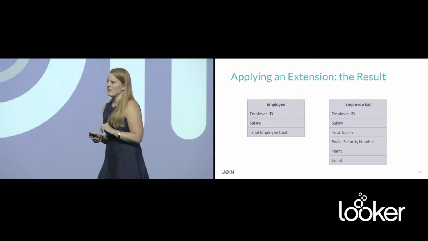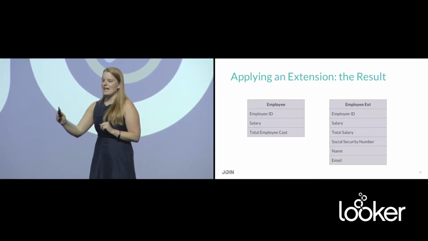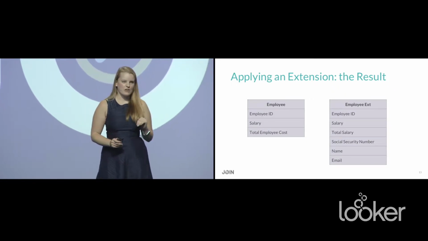Nothing personally identifiable there. And then our second view, that extended view, has those same fields. Our total salary was relabeled from employee cost to total salary. And then those personally identifiable fields were incorporated into that. And we didn't actually have to rewrite those fields out.